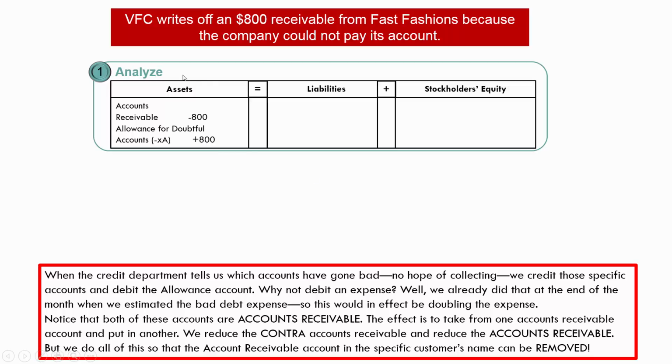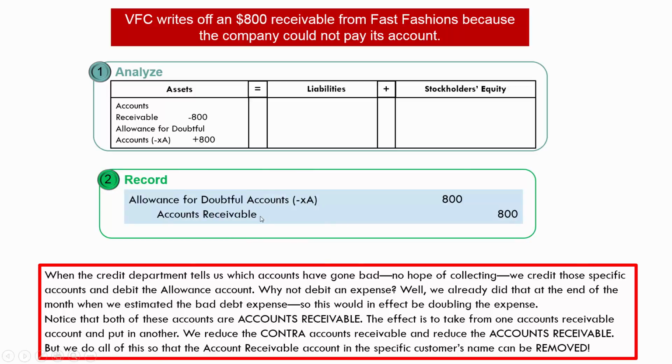Now when you analyze this, you see all of it is within the asset side, and these are both accounts receivable accounts. This is an account receivable. This is the contra to that account receivable. And so we are moving between these two accounts. Our net accounts receivable as a result of this journal entry doesn't change.